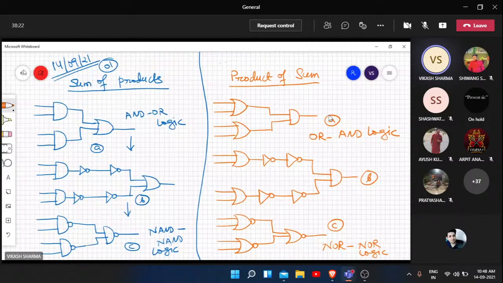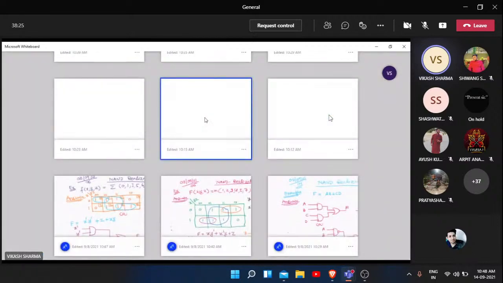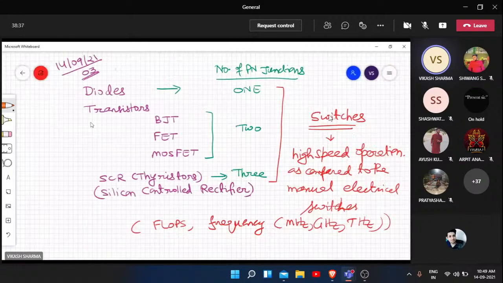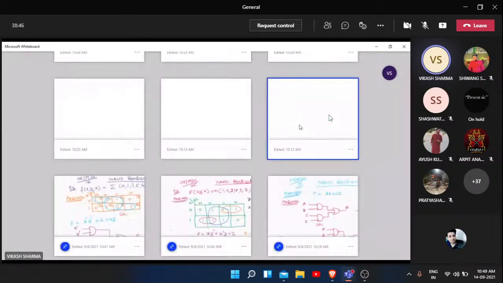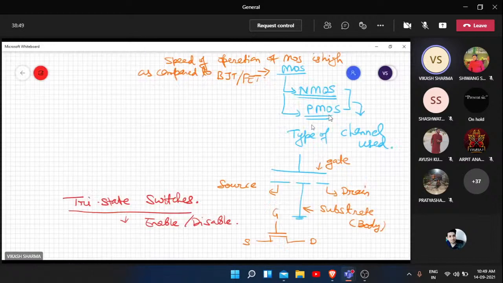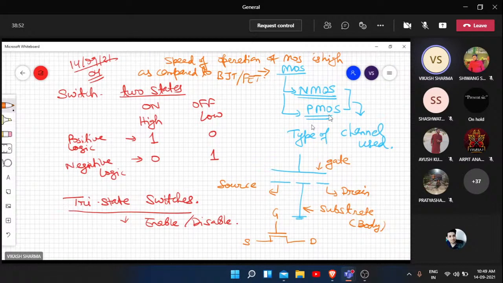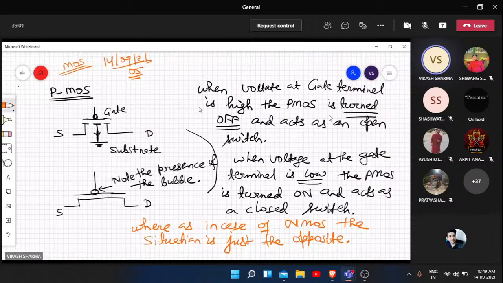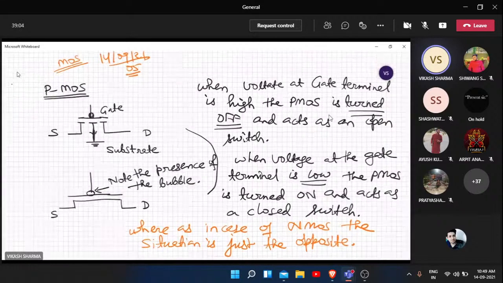Then I talked about the definition of pull up resistor and pull down resistor. Then I talked about the switches and how the switches can be used. Then I talked about the basic concept, how the switches are represented, the PMOS switch, when it will be low, when it will be high.